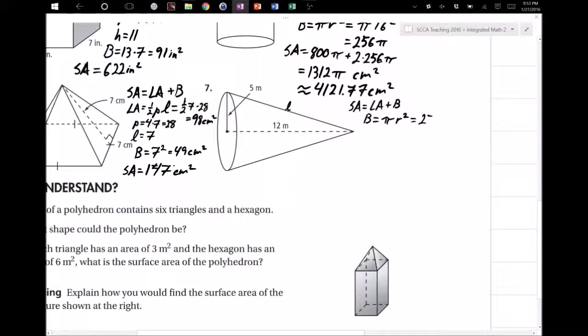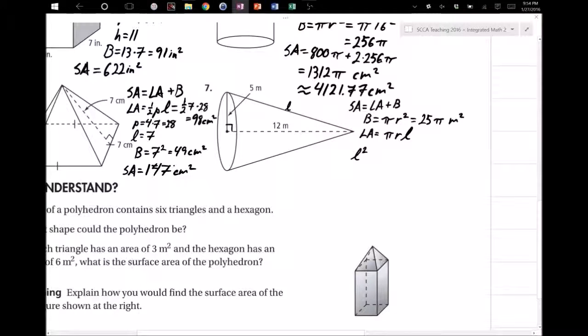So 5 squared is 25, so I have 25 pi meters squared. My lateral area is equal to pi times r l. Problem is I don't know l. I do know r.